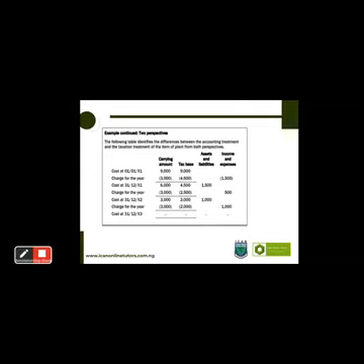That's the difference. 450. Okay, good. So now the current tax will be reduced by 450.